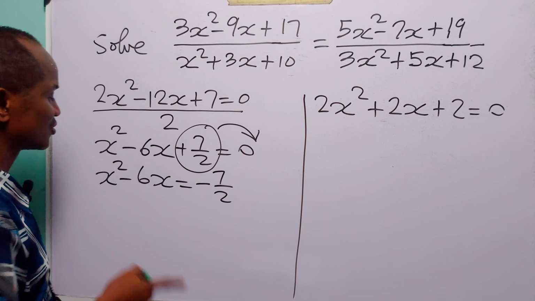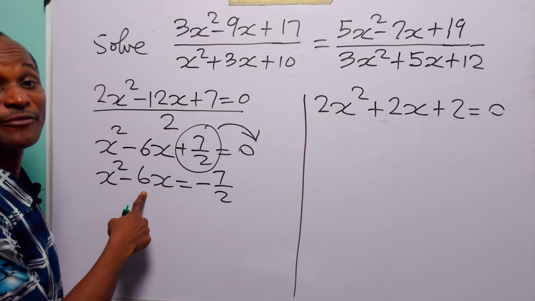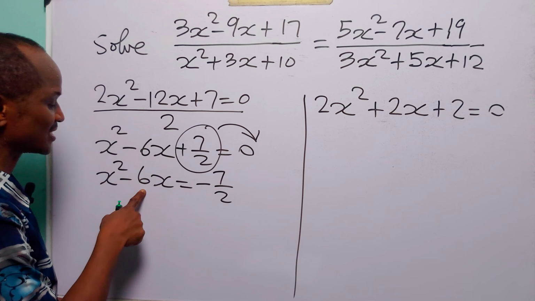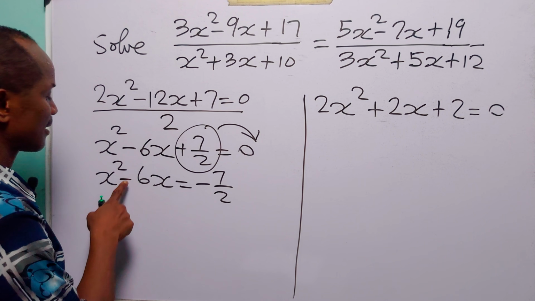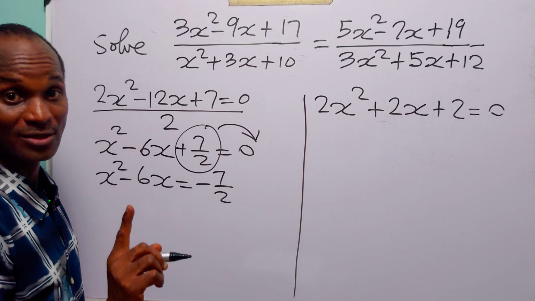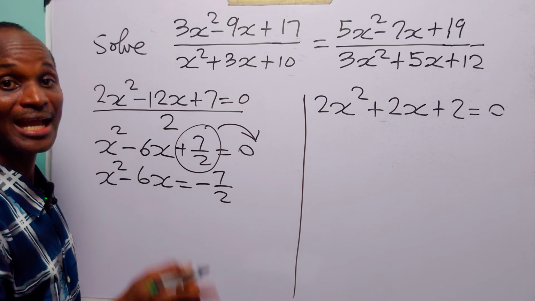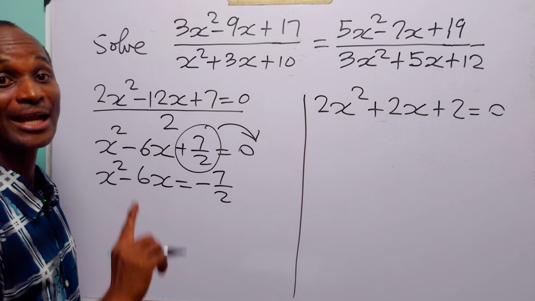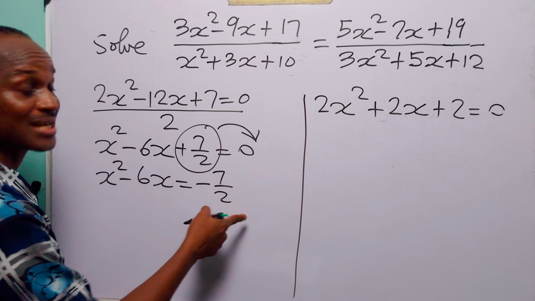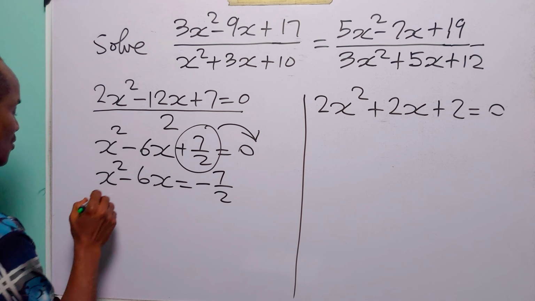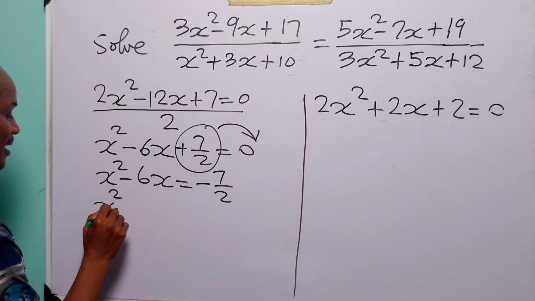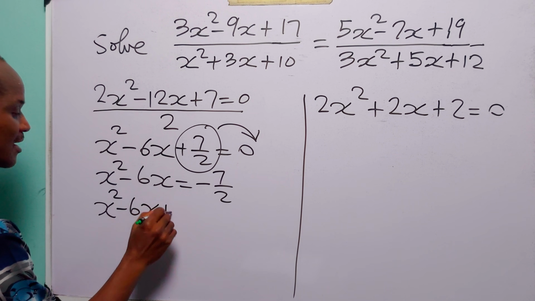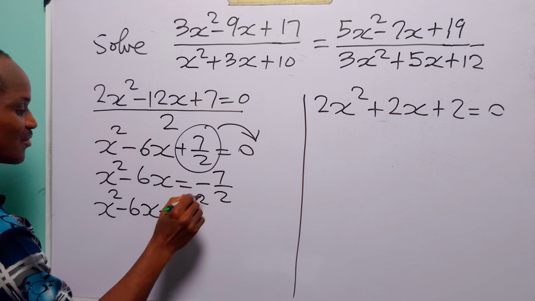The next thing we are going to do is that we will divide the coefficient of x, that is minus 6, by 2. Minus 6 divided by 2 is minus 3. Then we are going to square minus 3 and add to both sides of this equation. So we have x squared minus 6x plus minus 3 squared.